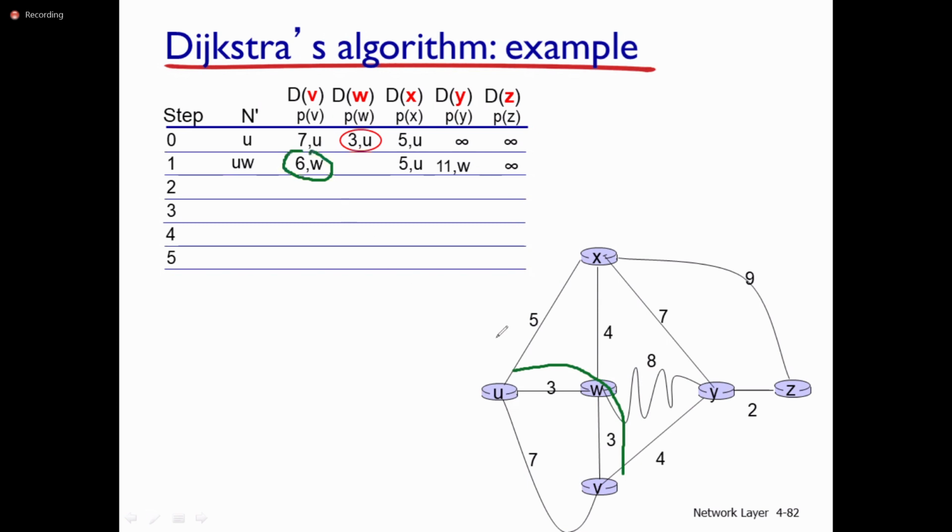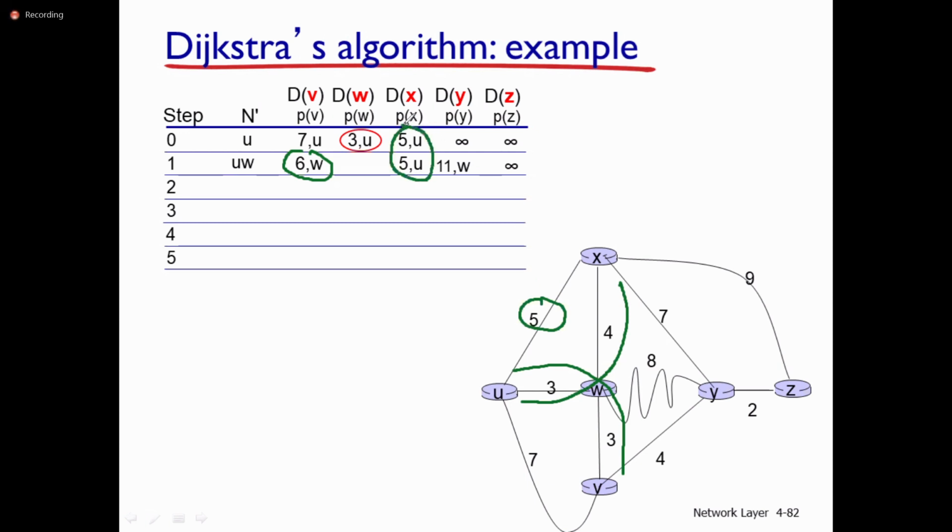UW is already calculated earlier. Then X: U to X through this one is 3 comma 4, which is larger. The direct path is 5, already found in our last step, so no change.